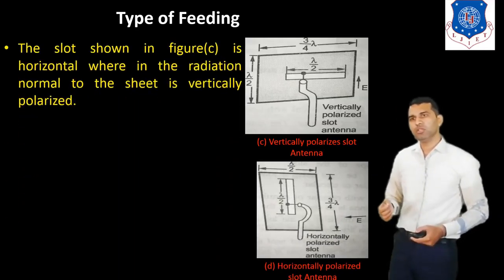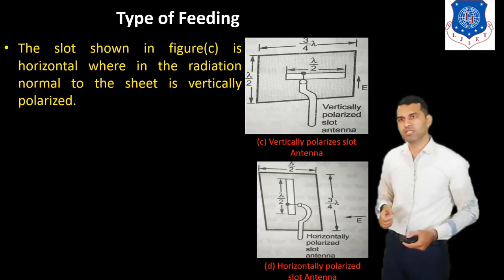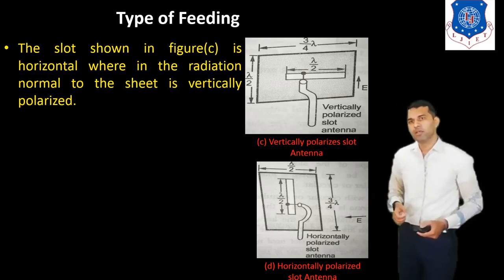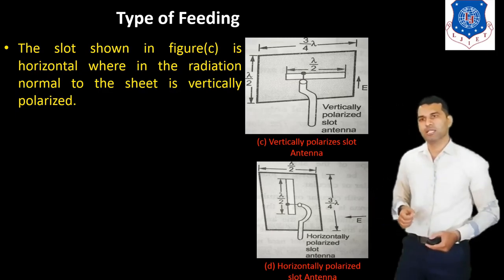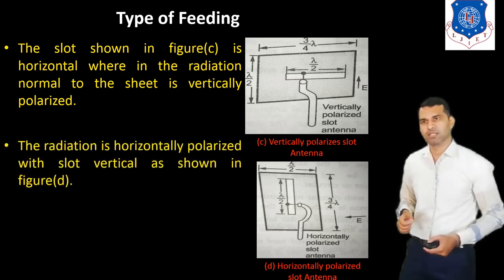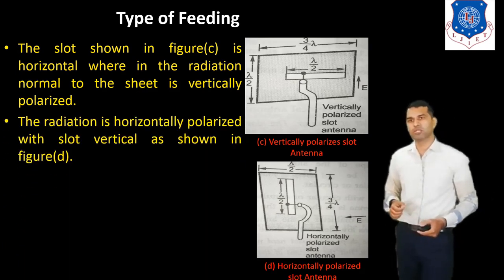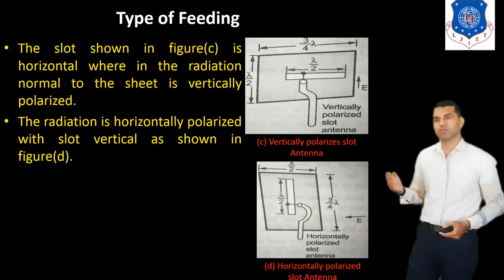Now the slot shown in figure C is horizontal, where the radiation normal to the sheet is vertically polarized. The radiation is horizontally polarized with the slot vertical as shown in figure D.